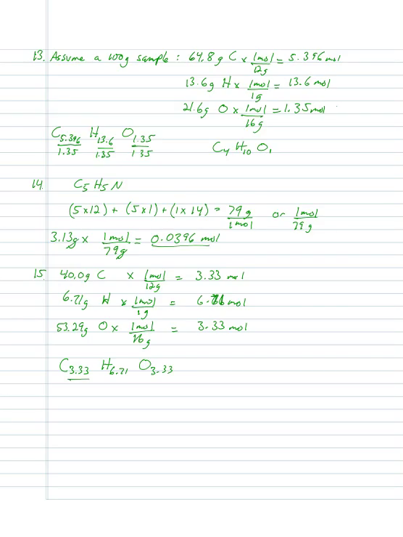We're going to divide that by 3.33, divide by 3.33, divide by 3.33, and we get C, H, and that's going to round to 2, and then just O. So that's my empirical formula there.